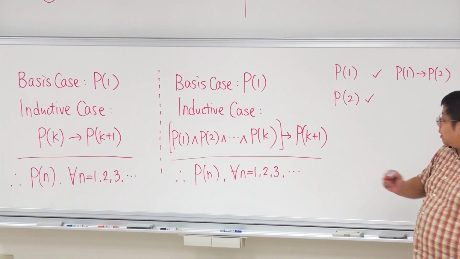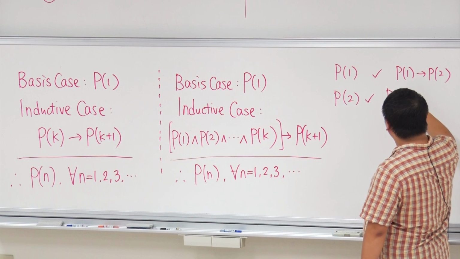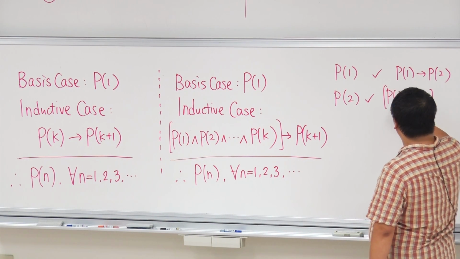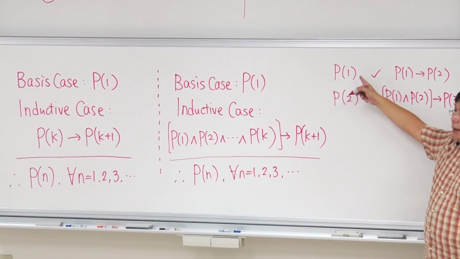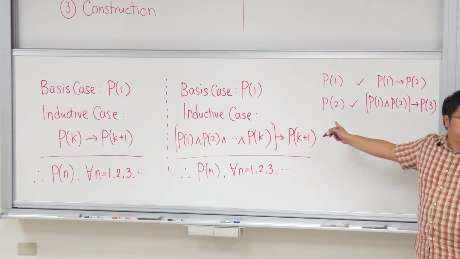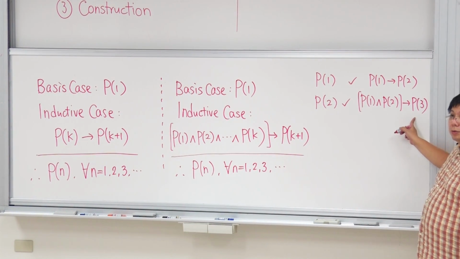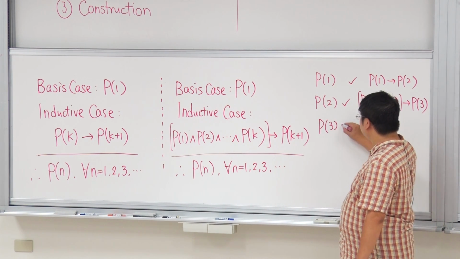Then we will have P1 and P2 implies P3. Because we now have P1 and P2 true, and the inductive step is true, it implies that P3 has to be true.